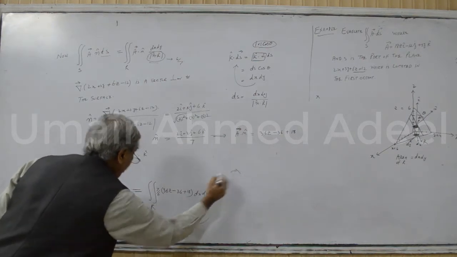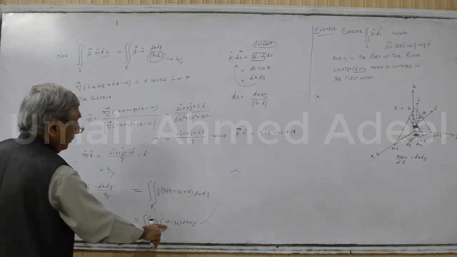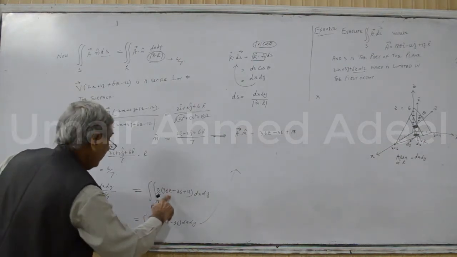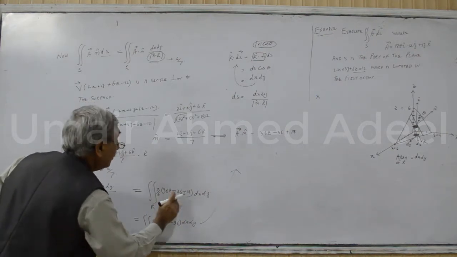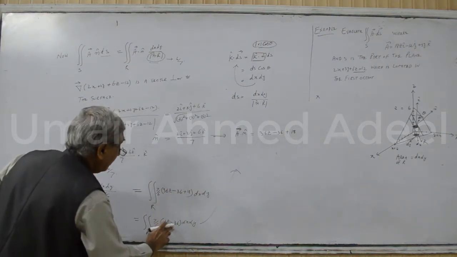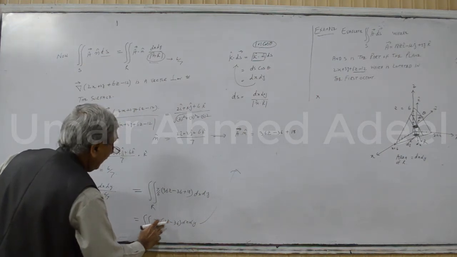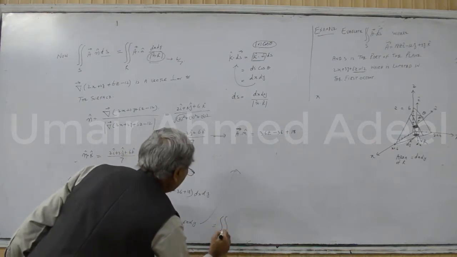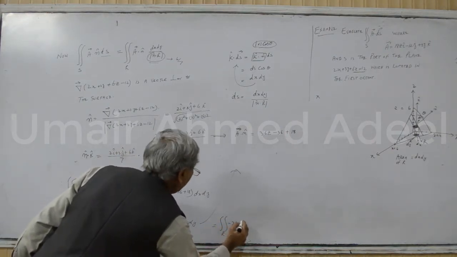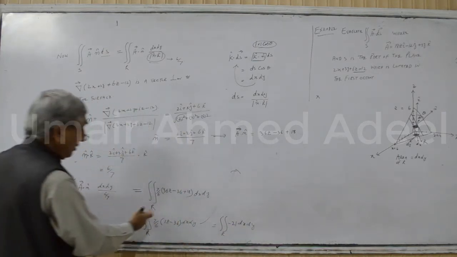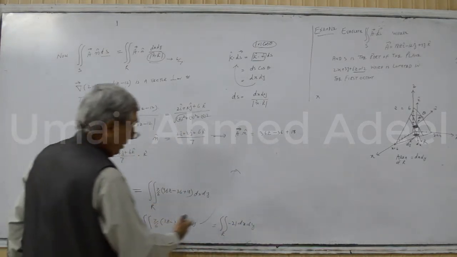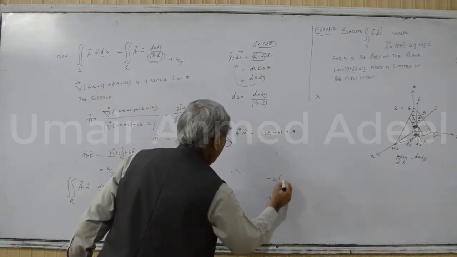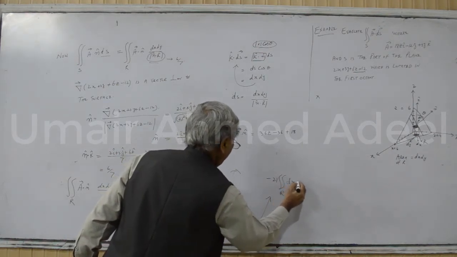Because 36z, z is 0, no problem. So 18 minus 36 is minus 18, and with 7 by 6, 3, so minus 21 dx dy. I'm sorry if I have made some mistake, you can just correct the figures there. So it is minus 21 dx dy.